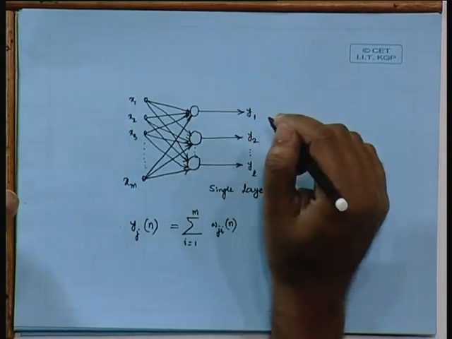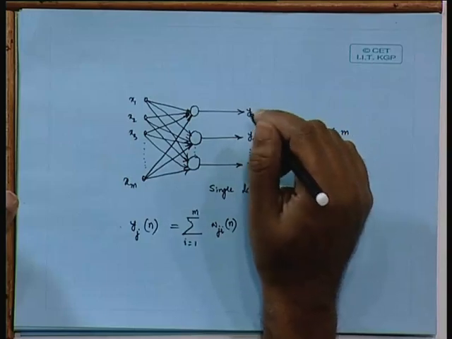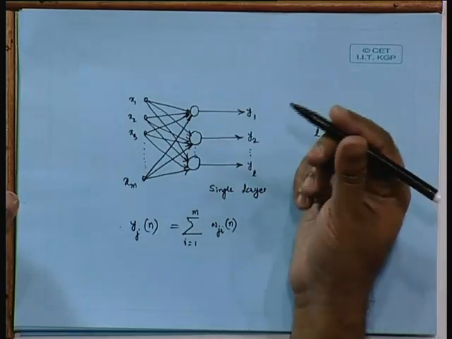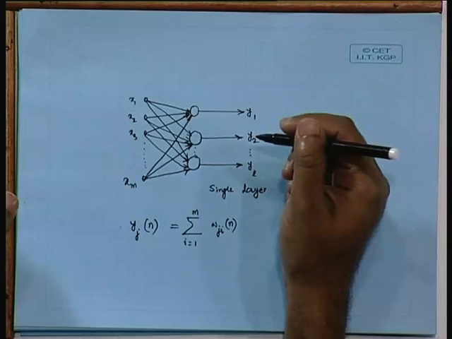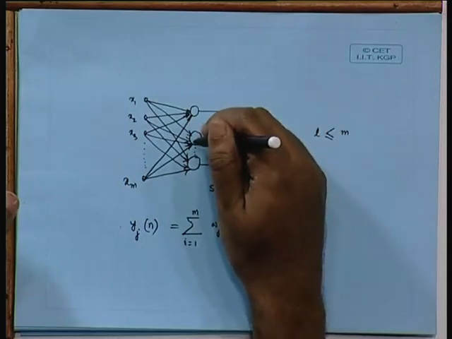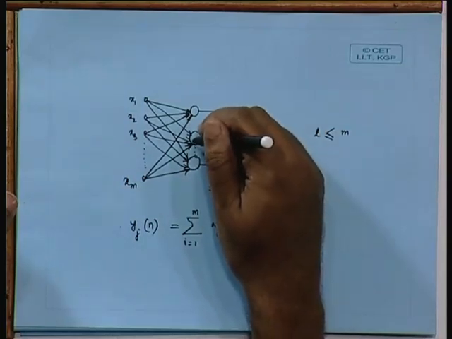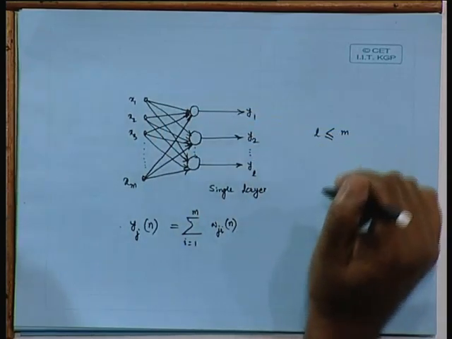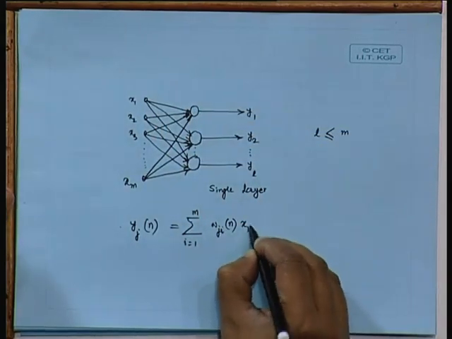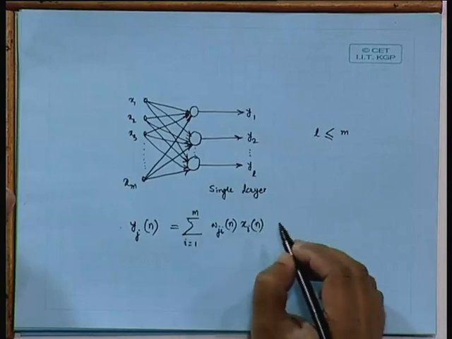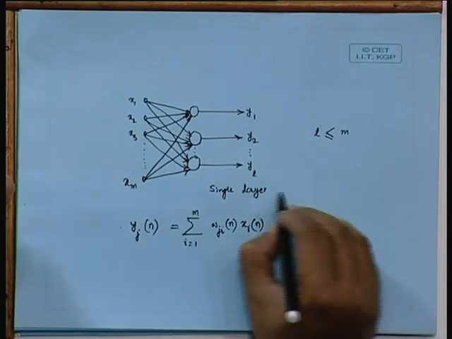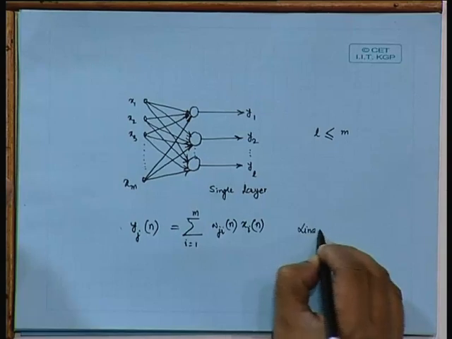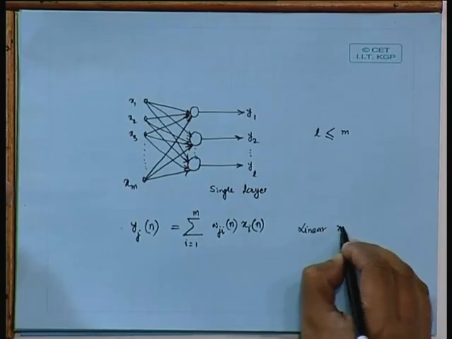The synaptic weights are arranged in the same way. That means when we are taking the jth neuron, by wji we are referring to the synaptic weight connection between the jth neuron of the output and the ith input to it. So, it is wji xi(n), right. So, it is a linear neuron model. What we have shown is a linear neuron model.